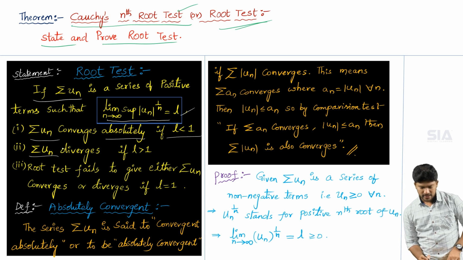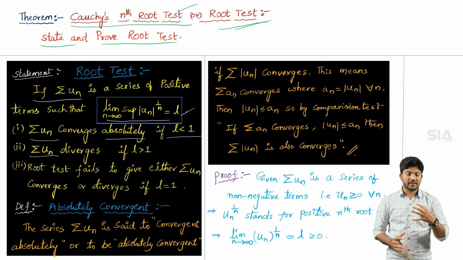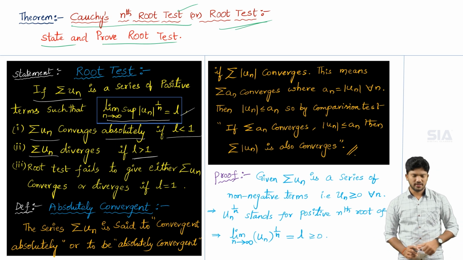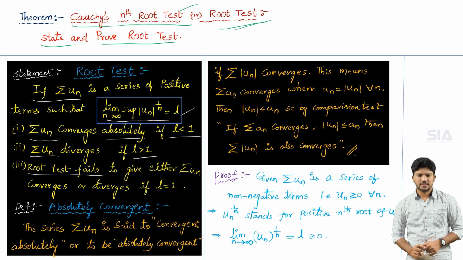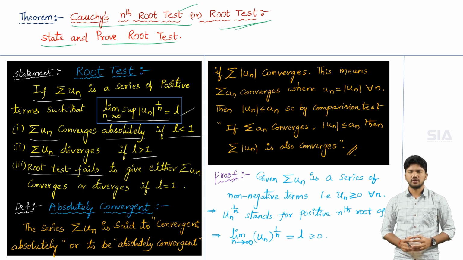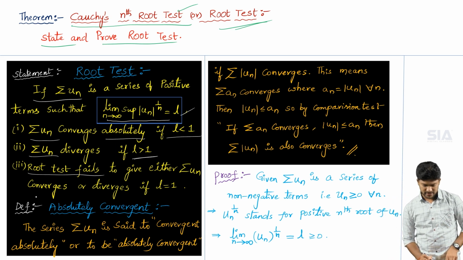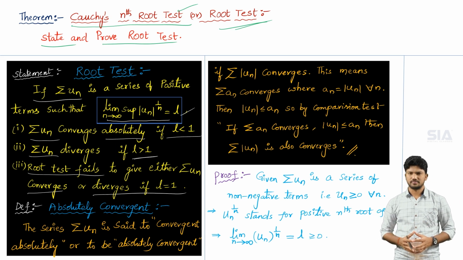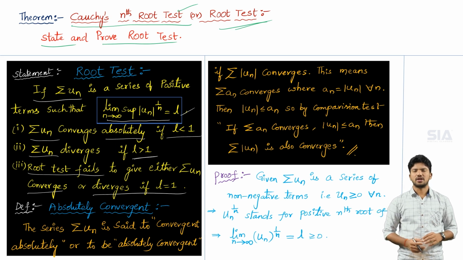Then the series summation u_n diverges if the limit point l is greater than 1. And the third condition is, the root test fails to give either convergence or divergence of summation u_n if l is equal to 1. So this is the statement of the root test.